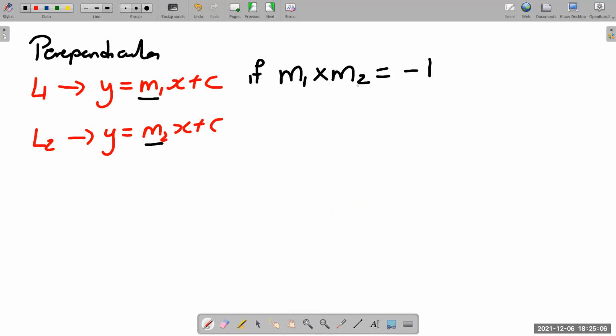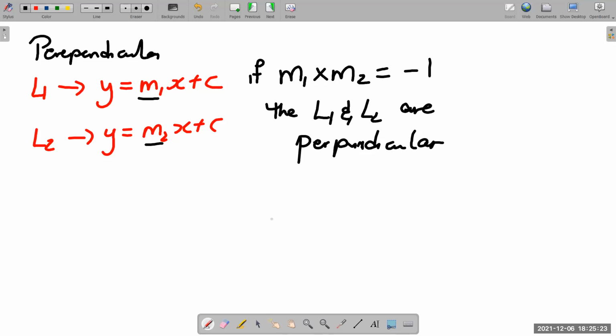If M1 times M2 is -1, then L1 and L2 are perpendicular. We should know what perpendicular means. Perpendicular means that they intersect at 90 degrees. So this is how these two lines look. One line will be coming this way and one line will be coming that way.